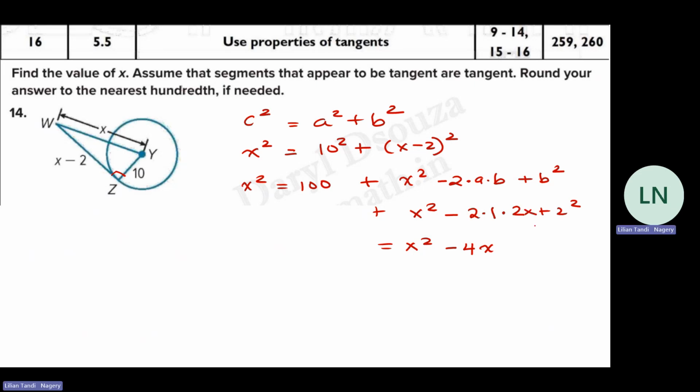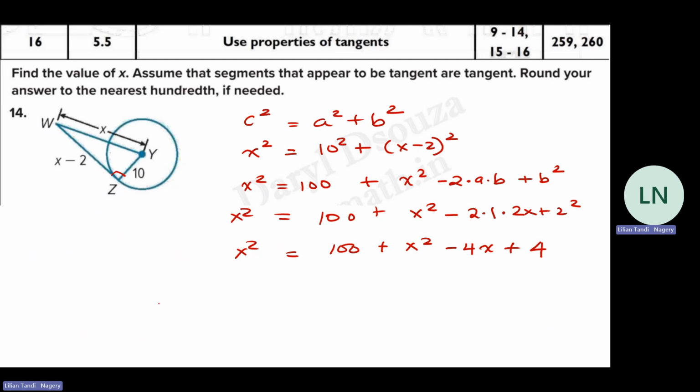Make sure you put x there, plus 4. Plus 100, x squared, like that.